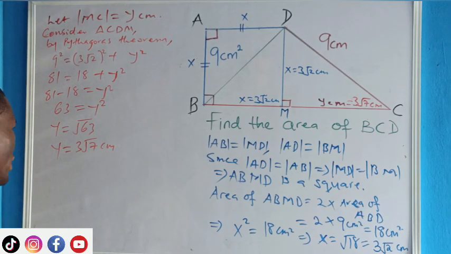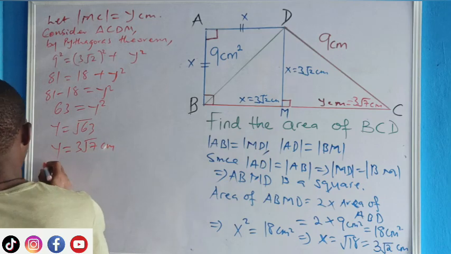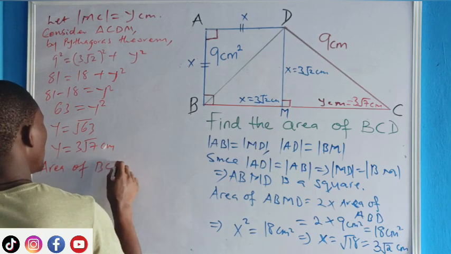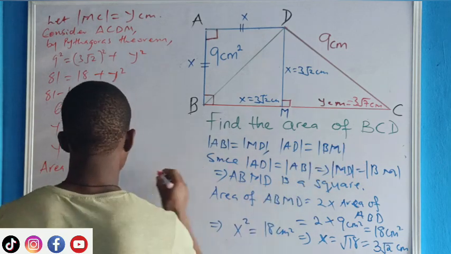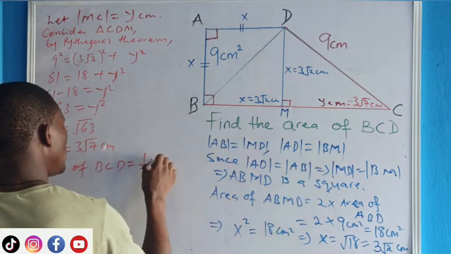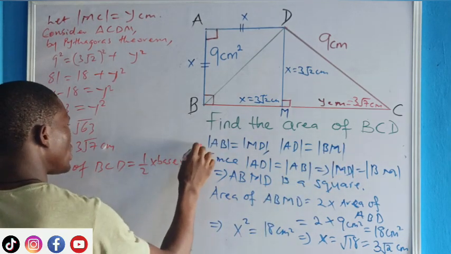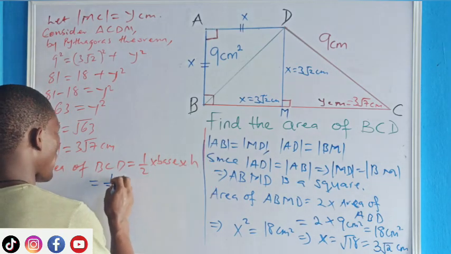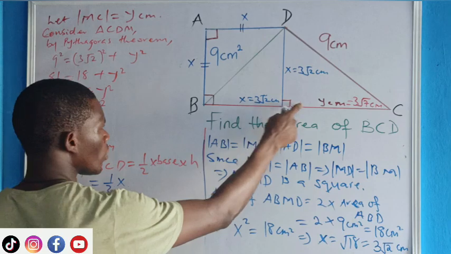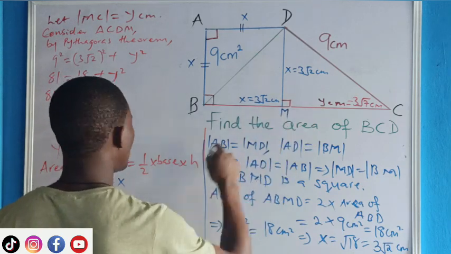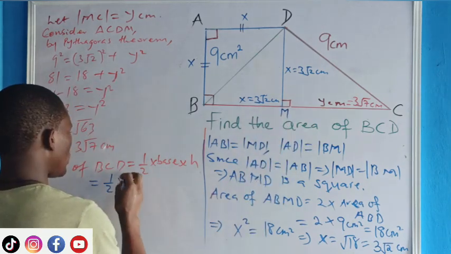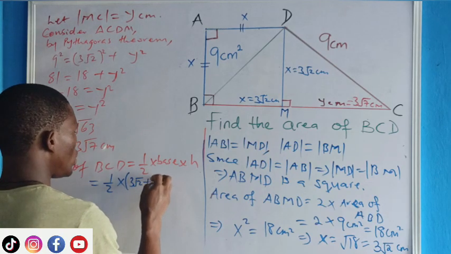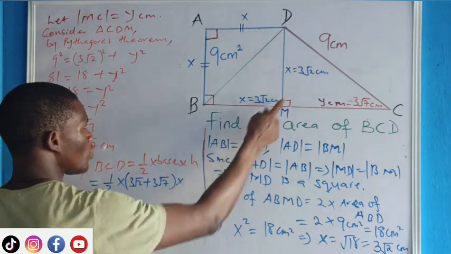Now considering the area of triangle BCD, the area will be 1 over 2 times the base times the height. So the area of BCD that we are required to calculate is 1 over 2 times the base, which is the addition of these two sides, 3 root 2 plus 3 root 7, times the height, which is 3 root 2.